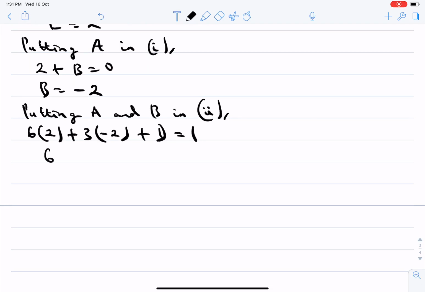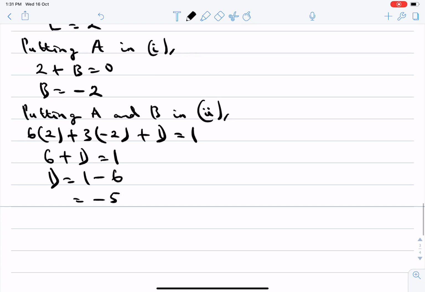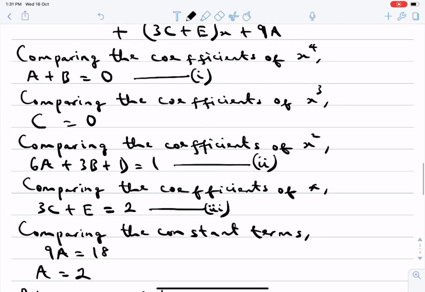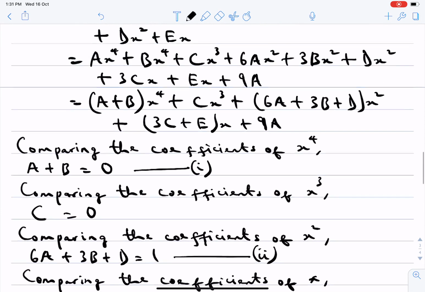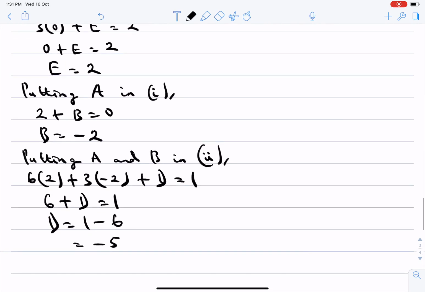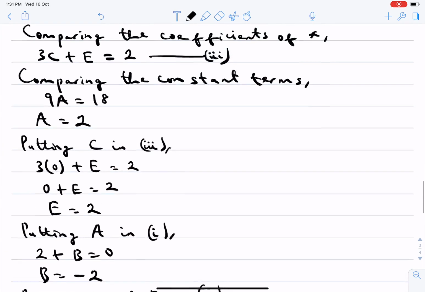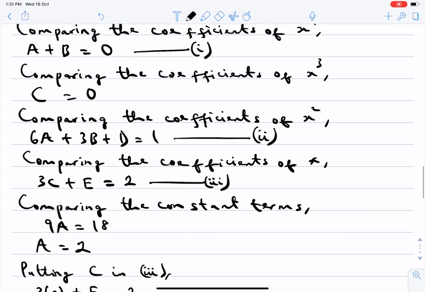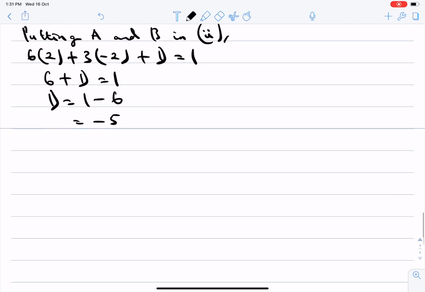That means 6 plus d equals 1, and d equals 1 minus 6, which is equal to minus 5. Do I have all the unknowns now? All the constants? a is 2, b is minus 2, d is minus 5, e is 2, and c is 0. Beautiful. I have all the constants.